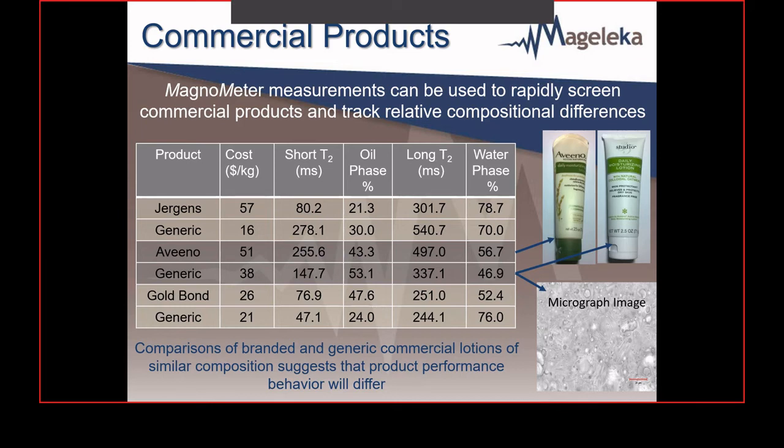So measurements using the magnometer allow a formulator to answer the question, would two products that purportedly contain the same ingredients perform the same? And we can see here the answer is not necessarily so. So we can now use the magnometer for quality assurance purposes in actual real products.